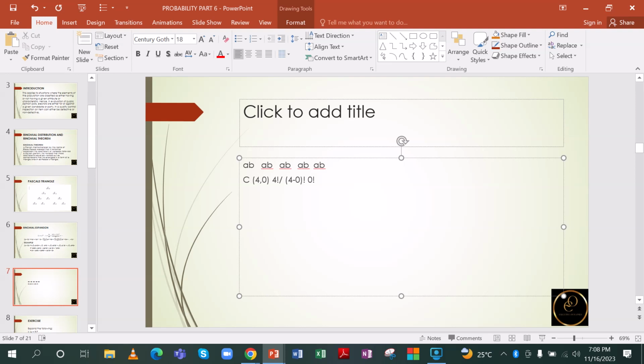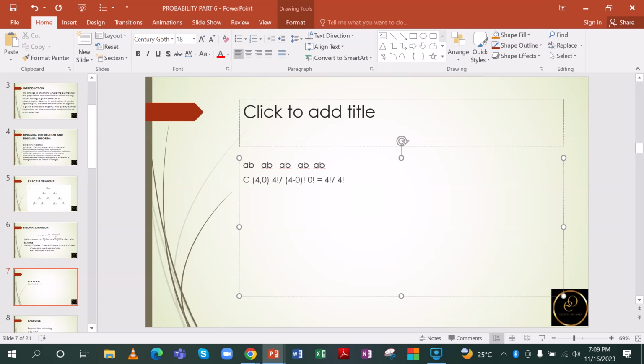If you work out this one, you have 4 factorial divided by the bracket 4 minus 0 factorial, which simply means again 4 factorial. Are we together? Then multiply by 0 factorial, which is always 1.